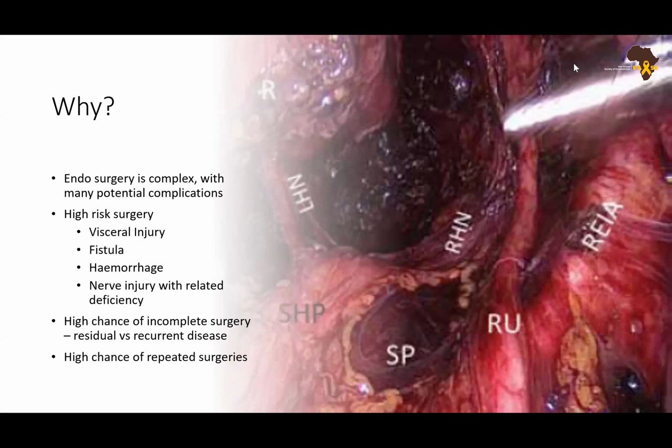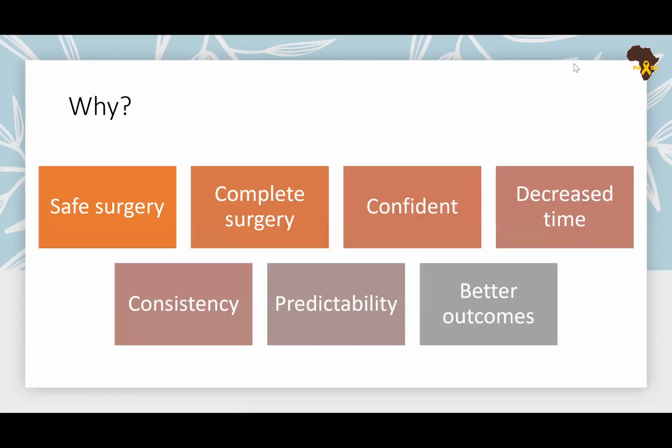Therefore there is a high chance of incomplete surgery if you're not aware of your anatomy properly, leading to possible residual and recurrent disease, and therefore a very high chance of repeated surgeries. Without the anatomy and the guide to this type of pelvis, proceeding with endometriosis surgery would be close to impossible.